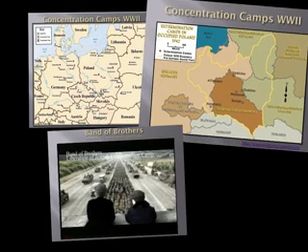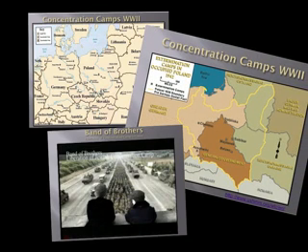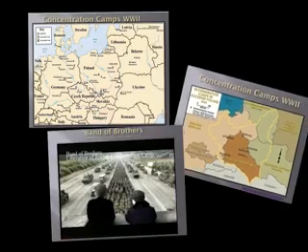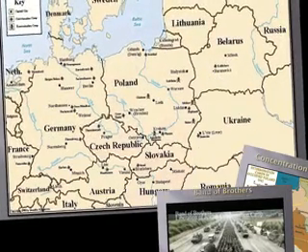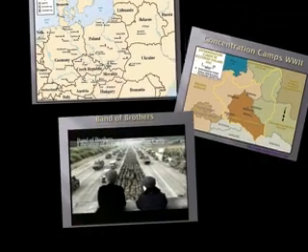Schindler's List is probably going down as one of the most raw and effective movies demonstrating the horrible existence of concentration camps. But these are maps then of where they existed throughout all of Europe, or at least the northern part of Europe where Germany had control during World War II.